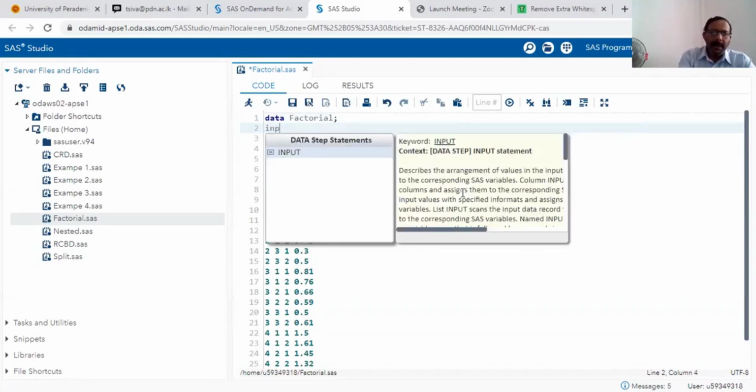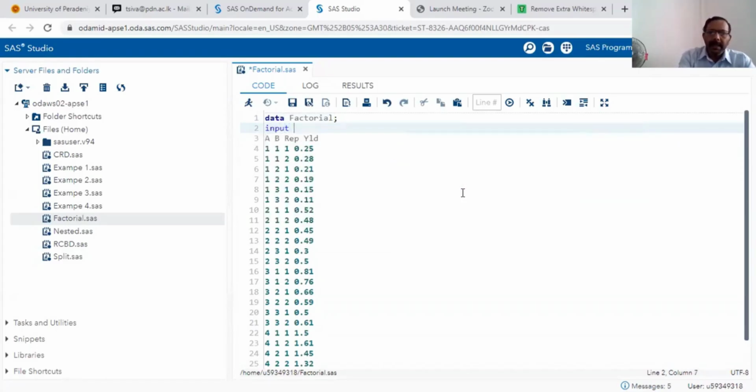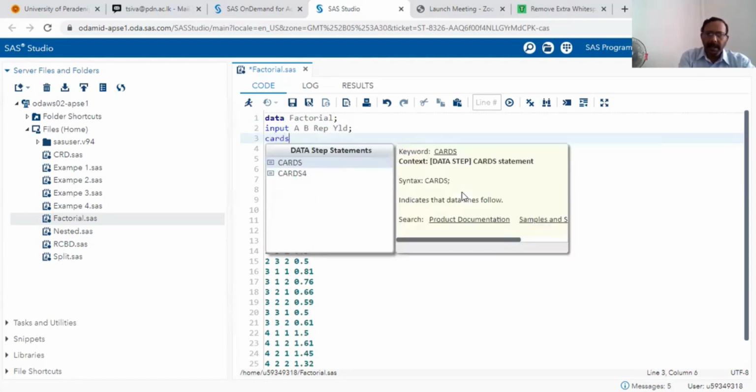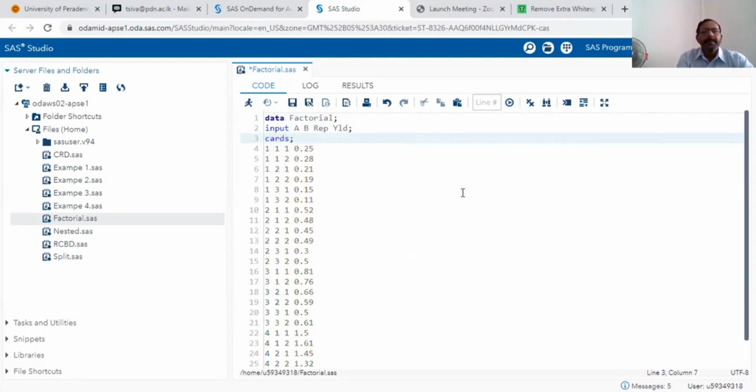So input, I can say factor A, factor B, replicate, and yield. Factor A, factor B, replicate, yield. And the next one is cards. Have you all written down? This is how we give the initial information.